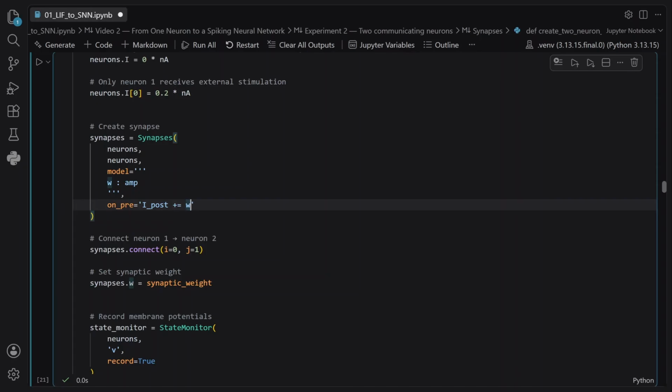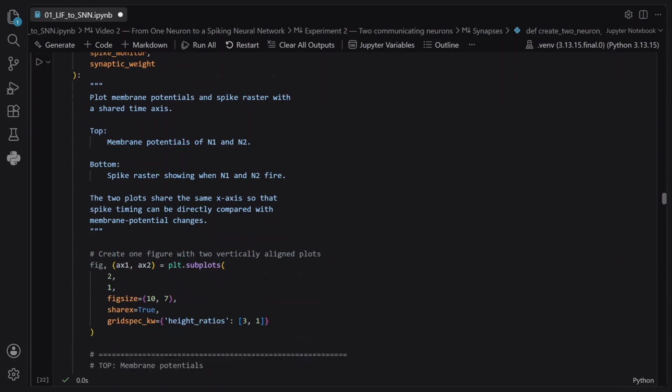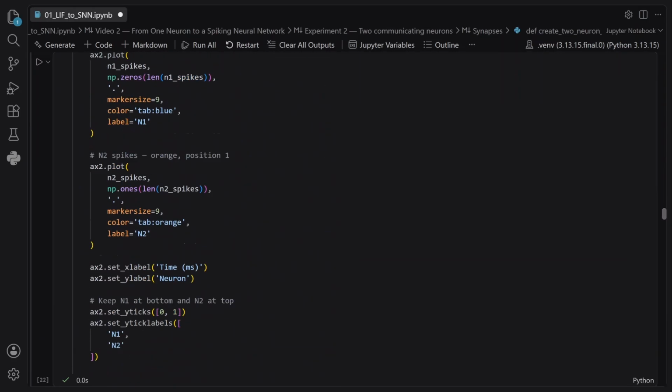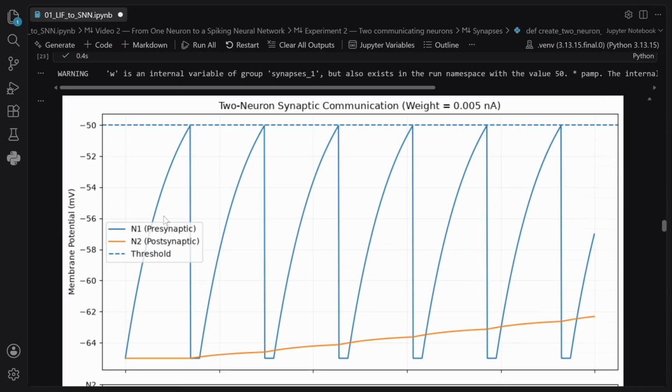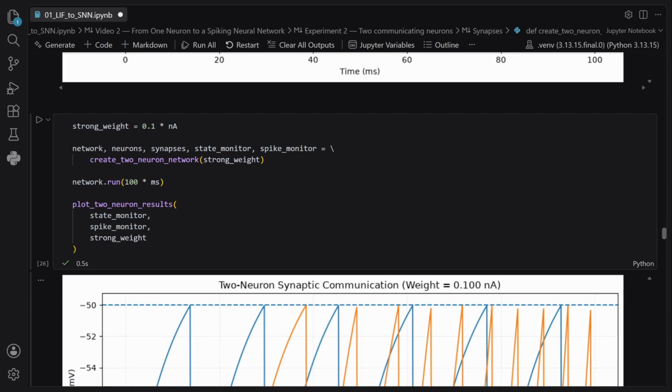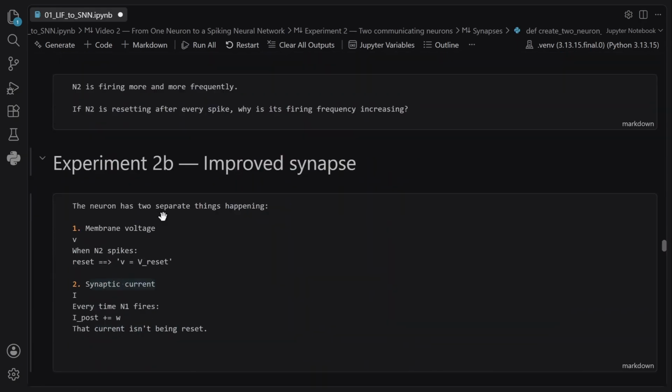That was the rule: every time there's a spike, our second neuron's current increases by a certain step. We are not resetting that value, it remains the same. So that is why the frequency is increasing, because we are never resetting this thing.